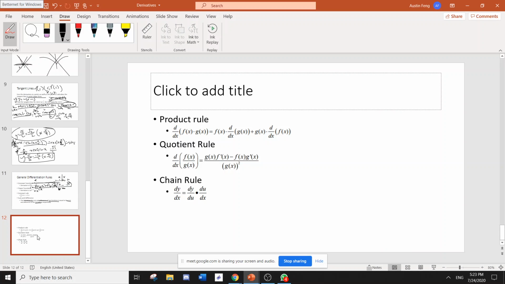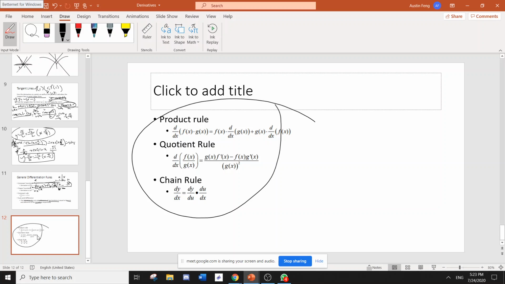So the product rule, quotient rule, and chain rule, I advise you to memorize all these. The product rule: d dx of f of x times g of x is equal to f of x times g prime of x plus g of x times f prime of x. The quotient rule is really annoying to memorize. To derive it, you let g of x be equal to 1 over h of x.